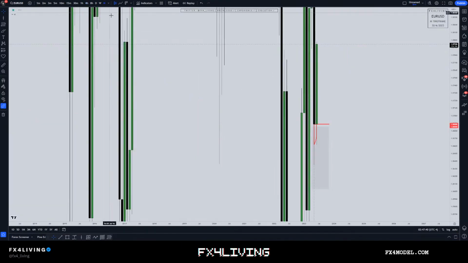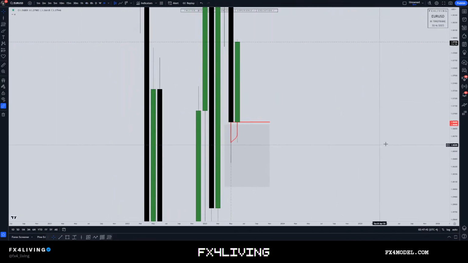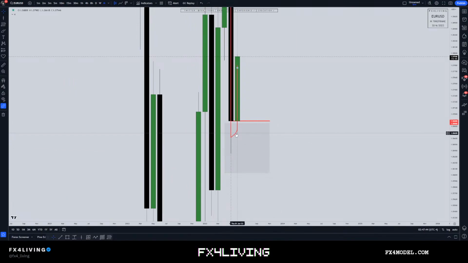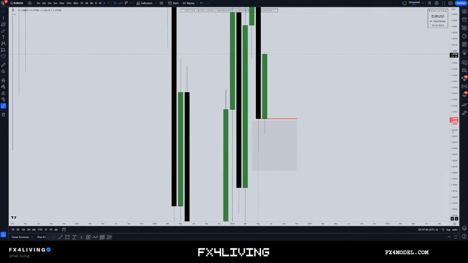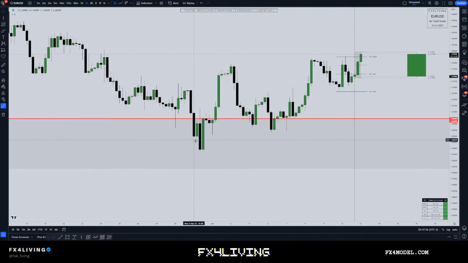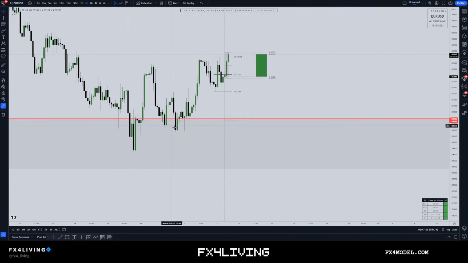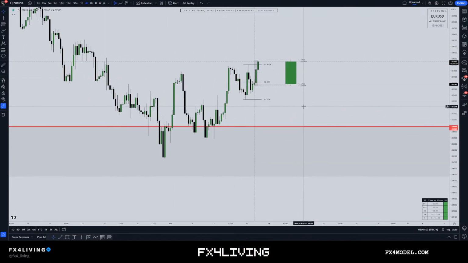If we go back on monthly, you guys will understand what I mean. I'm going to adjust that. I'll go back on the 4 hour, and this is the rejection that I want to see from this level.